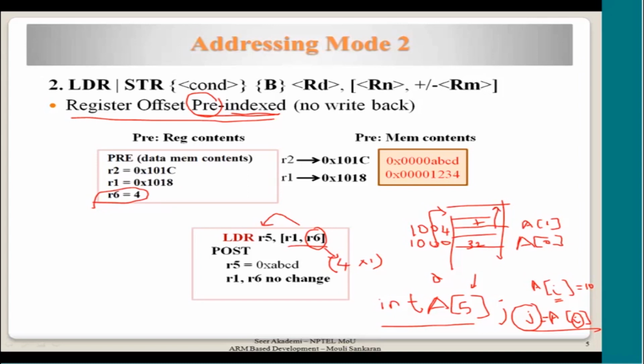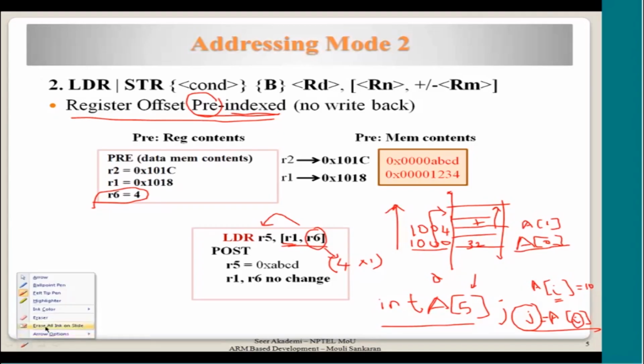That is why these kinds of instructions are provided: to enable the compiler to generate optimum code to access the memory. R1 can be loaded with the base address of A, this 1000, and then it will keep modifying the index register to access any of the elements. That is a very easy way of doing it, and that is the reason these instructions are supported by the processor.